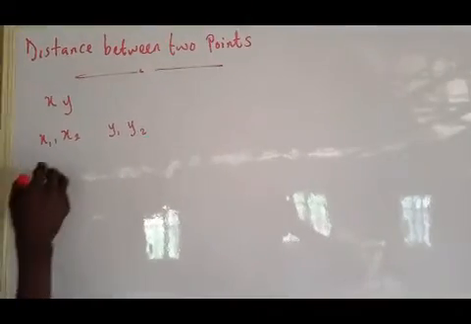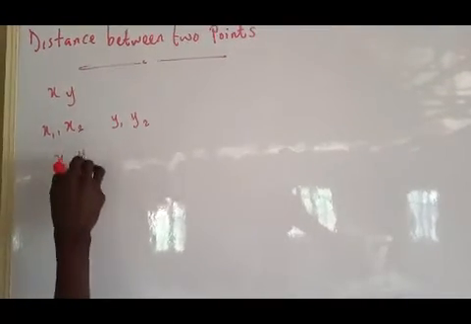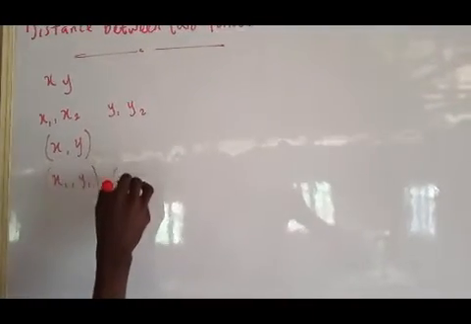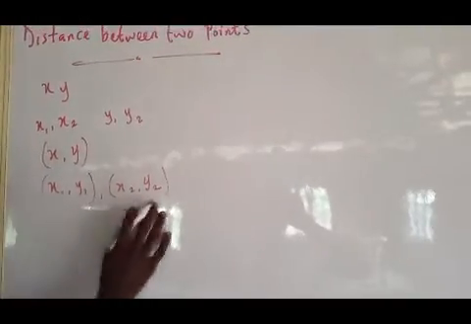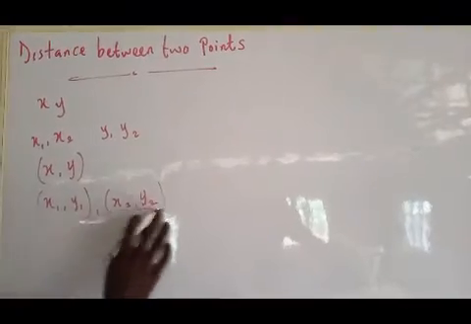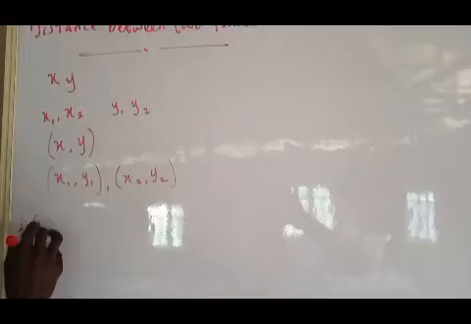So how do you do that? Under our Cartesian, we are always given x comma y. So that means I can say x1, y1 and x2, y2. If I have 2 points like this, what will be the distance between them?